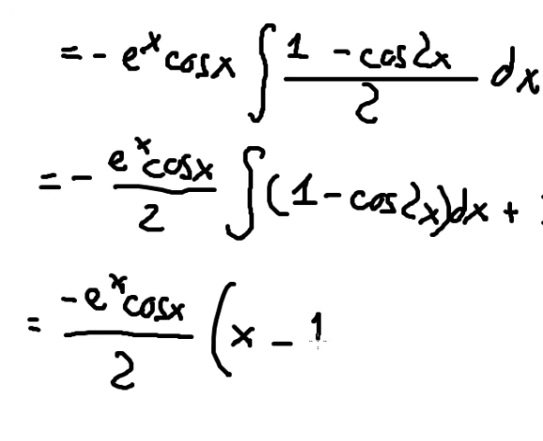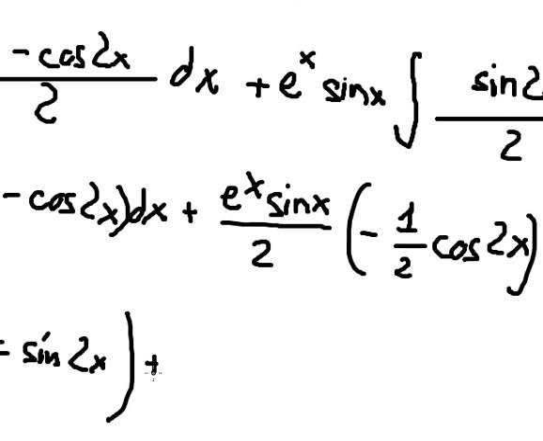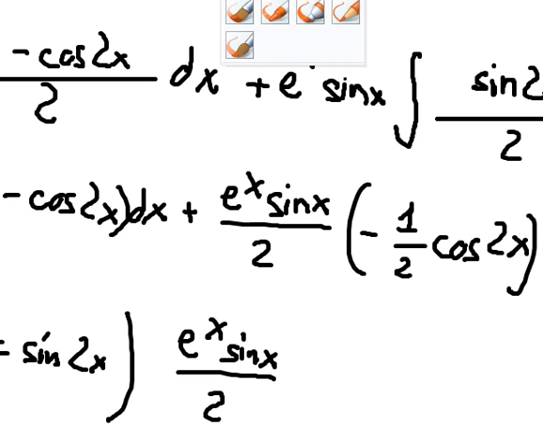This one we have 1 over 2 sin 2s. So negative 1 over 2 with 2, we have negative 1 over 4.